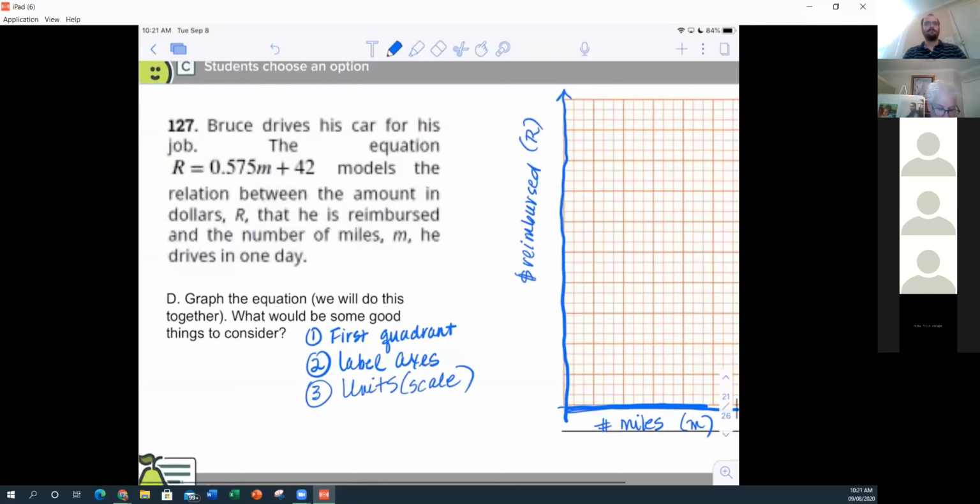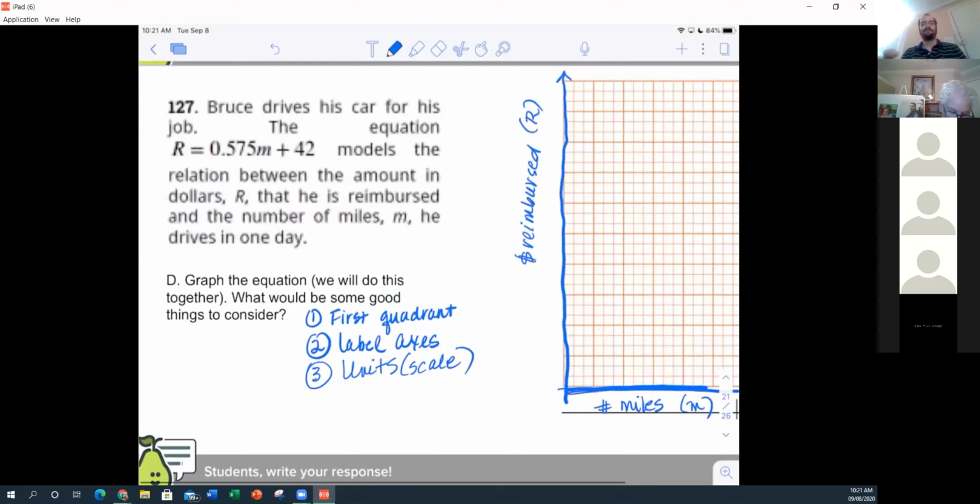So for example, I know that if he drives 0 miles, then he's going to get $42, right? And so probably he's going to be driving more than that. If he's driving for a living, I would pick another number like 20 or even more, and figure out what that is.